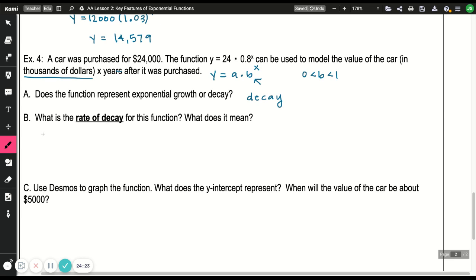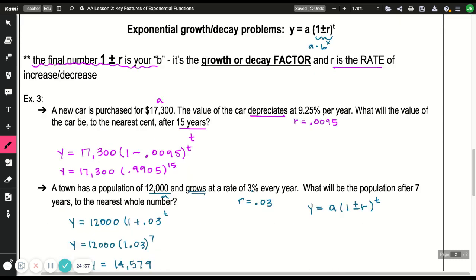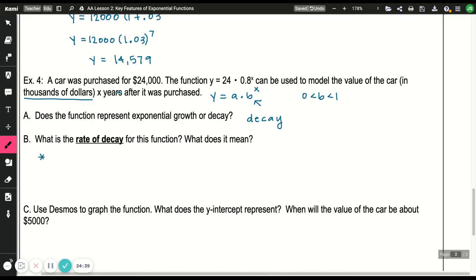What is the rate? Okay, so go back up here again for a second. Remember that B is this final number, right? That is not your R. So 1 plus or minus R is your factor. So 0.8 is B. That is your decay factor, not your rate.